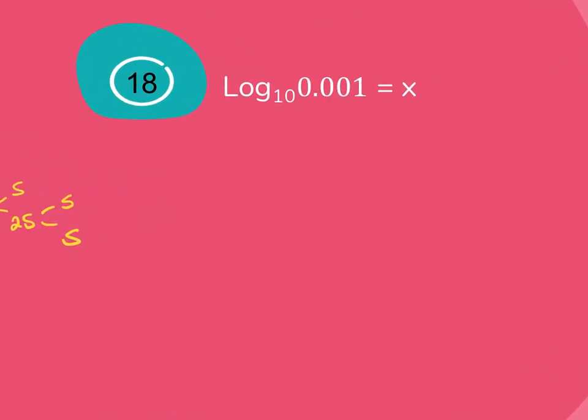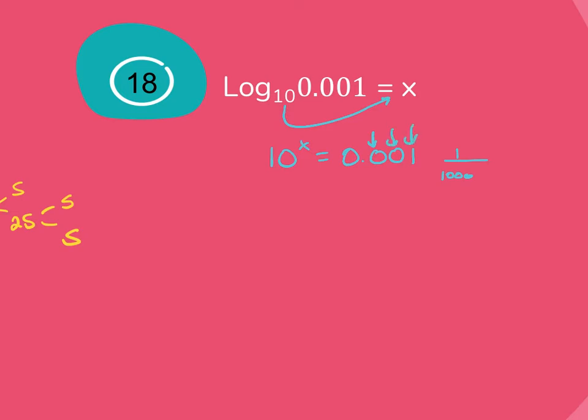All right, 18. 10 picks up the x, 0.001. That's not fun. I can make it 1 over 1,000. Because this would be tenths, hundredths, thousandths, right?